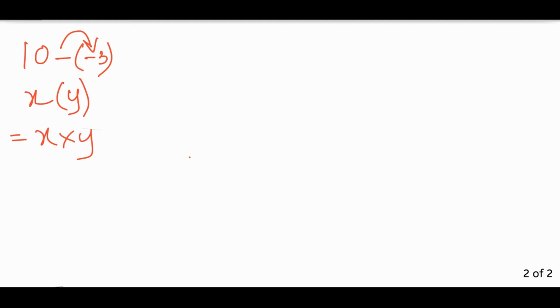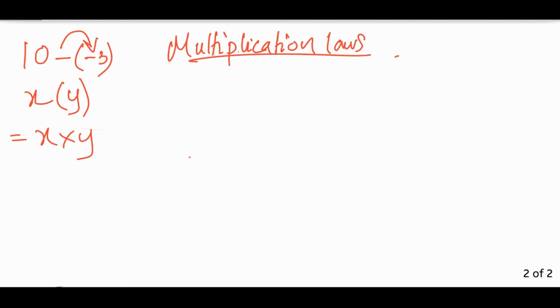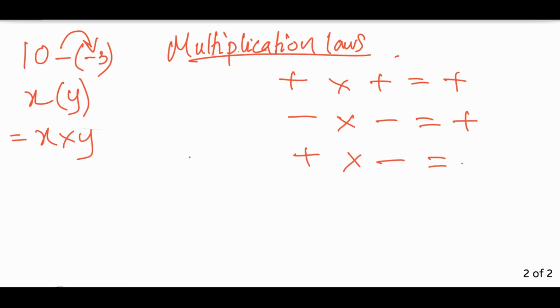First of all, let me tell you the multiplication laws. When we multiply a positive by a positive, that gives a positive. When we multiply a negative by a negative, that also gives a positive. And if I multiply a positive by a negative, that gives a negative.